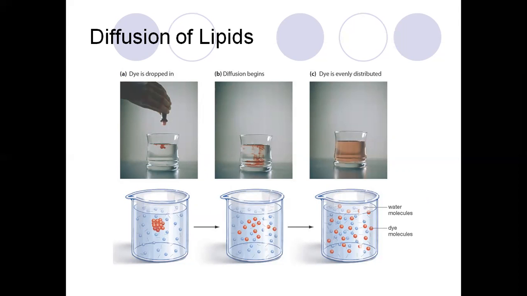We take water inside a beaker and place a drop of dye inside the water. The diffusion begins. The dye molecules start to mix with the water, and finally the dye is equally distributed inside the water, and the color of the water moves towards the dye color equally.